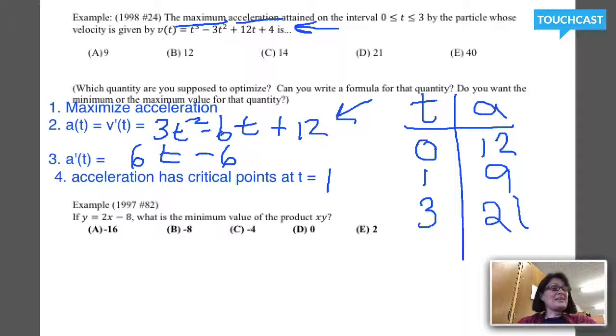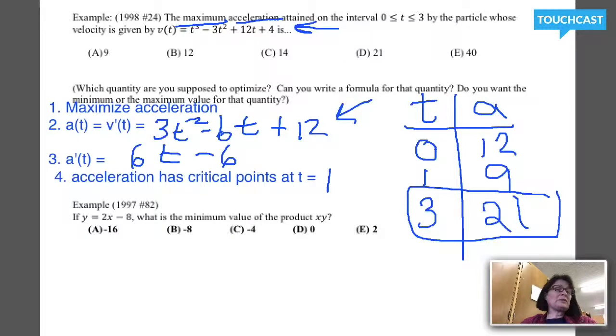So here is a list, not of every single acceleration value, but of all the possible acceleration values that might give me the maximum. I'm going to look through the list. I see that the largest acceleration value in the list occurs when time equals 3.